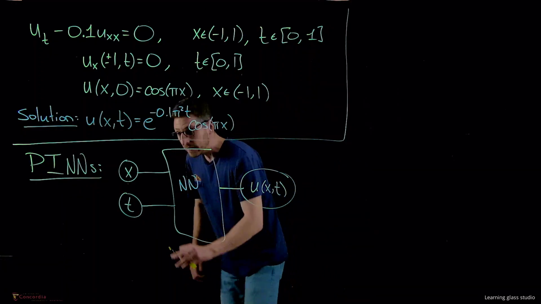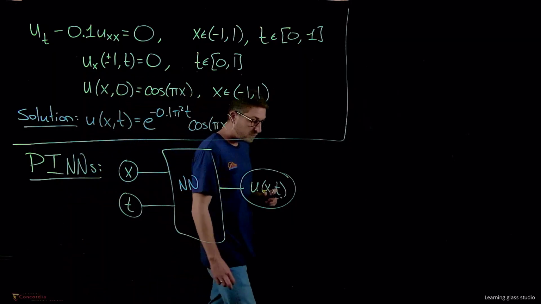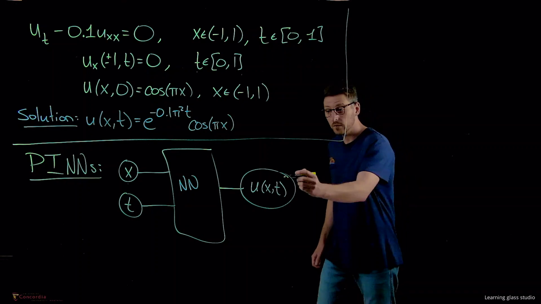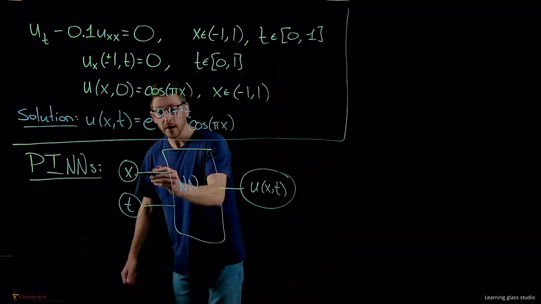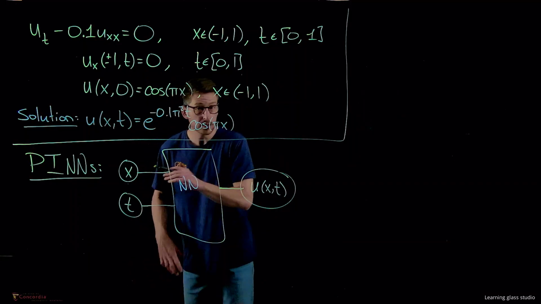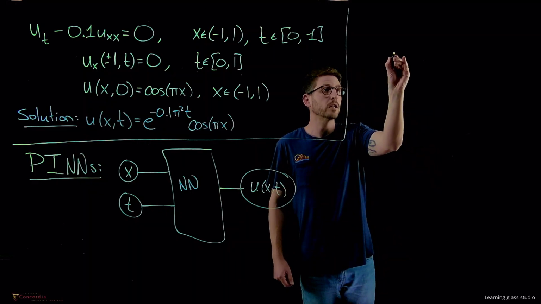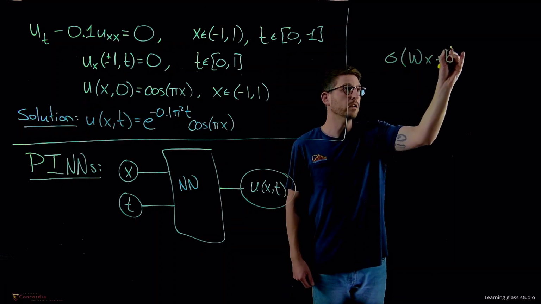But then we can think about x and t as being parameters of the neural network, and we can take derivatives of the output of the neural network itself with respect to the inputs, using the same basic processes. Why? Remember, a neural network was something like a sigmoid function of wx plus b.